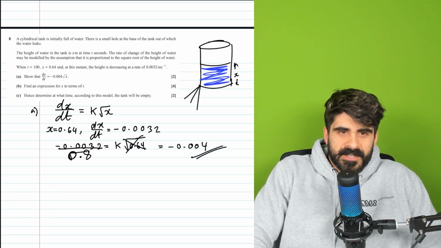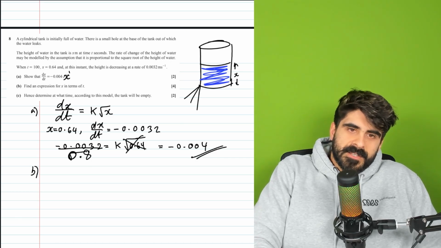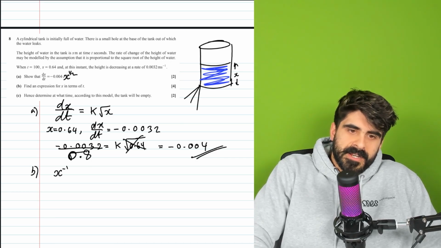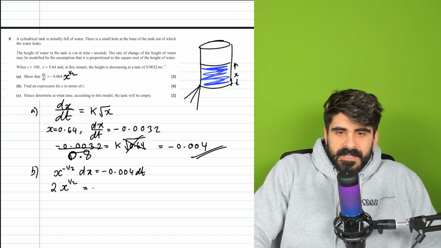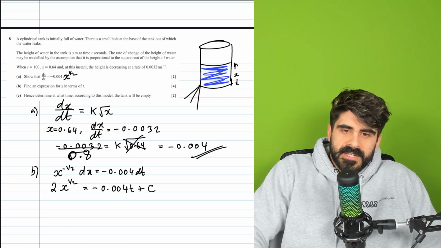Find expression for x in terms of t. So this is separation of variables vibes. We're going to write x to the power of a half, which on the other side is x to the power of minus a half dx is minus 0.004 dt. So we have x to the power of a half divided by that is 2, is minus 0.004 t plus c.